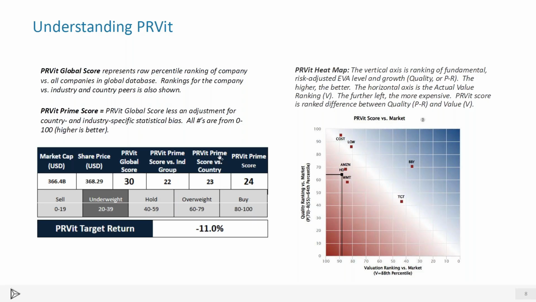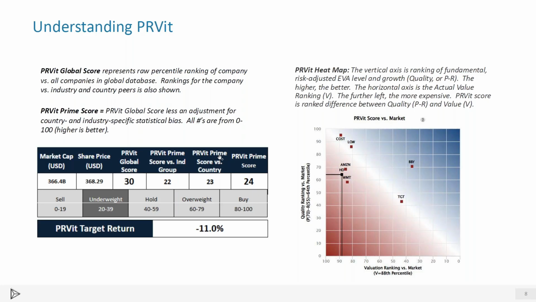We've got Prove It versus the country. So if you're just a U.S. investor, you can just look at a Prove It score versus other U.S. companies. And then we've got a Prove It Prime, which actually regresses out some biases that we see for sectors and for different countries, countries that maybe always have a higher Prove It score just because of sort of structural advantages or disadvantages that they might have.